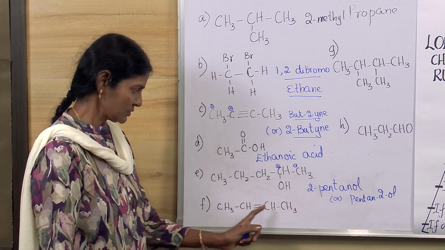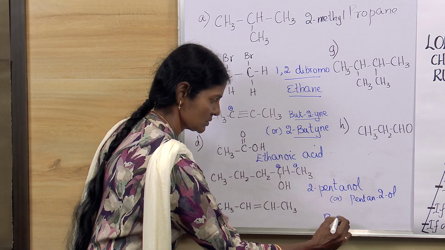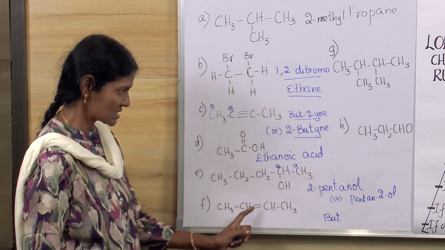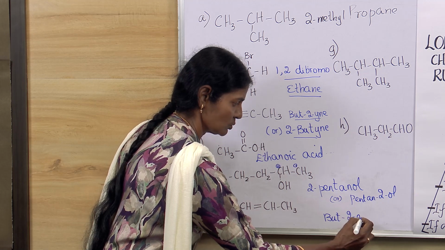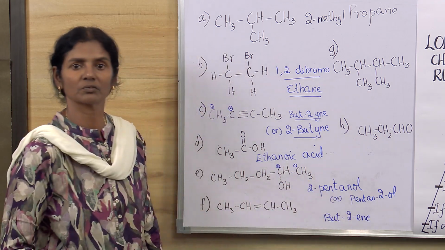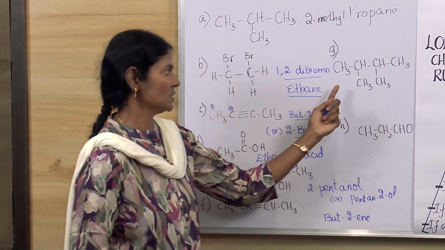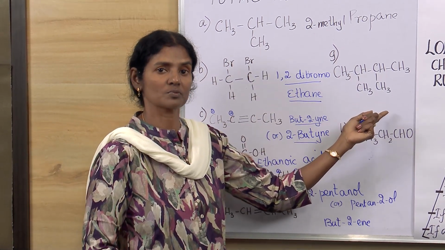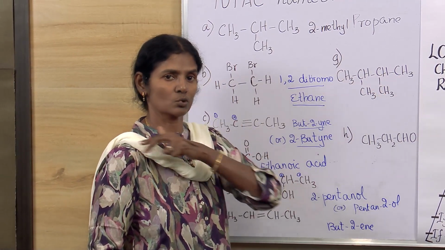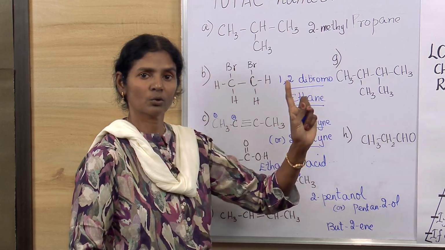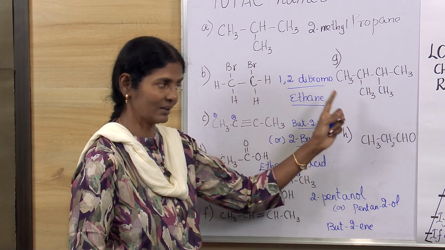Now we go to this one. 1, 2, 3, 4 carbon atoms. Therefore, but, and this is the double bond. Therefore, but-2-ene. This is the name of the compound. Now there are 2 more to go. Here you see there are 2 methyl groups. 1, 2, 3, 4 is the root word, and there is no double bond, no triple bond, no alcohol, no aldehyde.